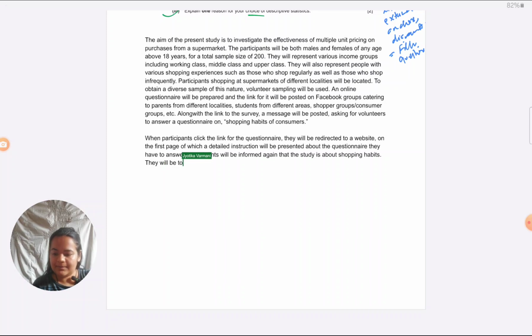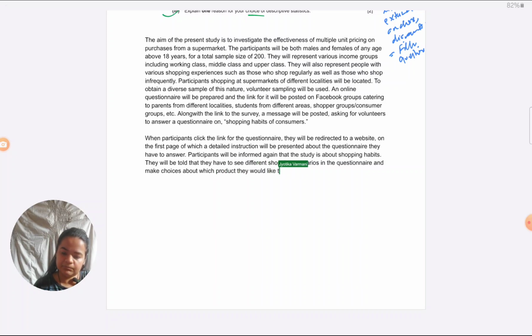They will be told that they have to see different shopping scenarios in the questionnaire and make choices about which product they would like to purchase by clicking on the product. Or you could also say that they would have to select an offer by clicking on the offer, something like that.